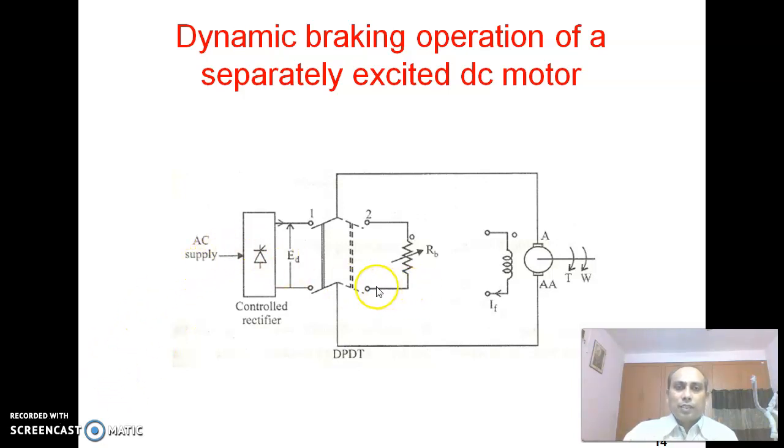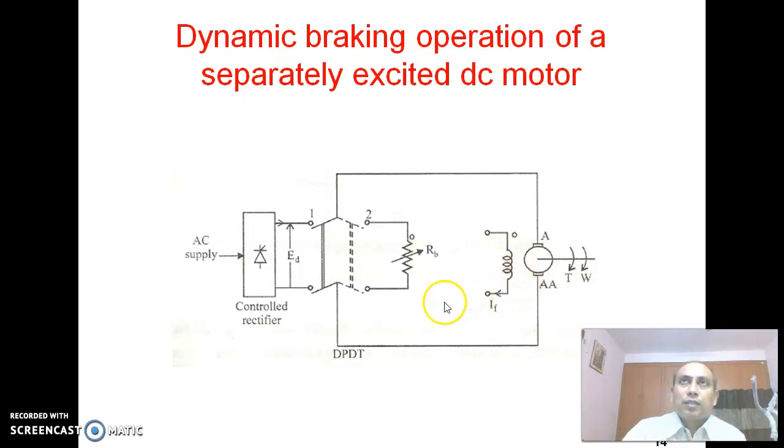So here, when a separately excited DC motor is connected to the controlled rectifier, we will see the dynamic braking operation. The schematic diagram of the dynamic braking is shown here. AC supply is given to the controlled rectifier, then the output of the controlled rectifier, ED, is given to the separately excited DC motor.